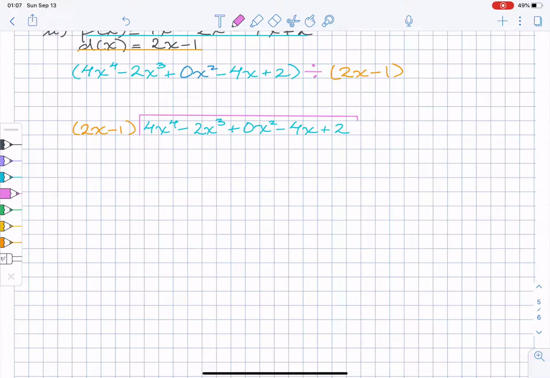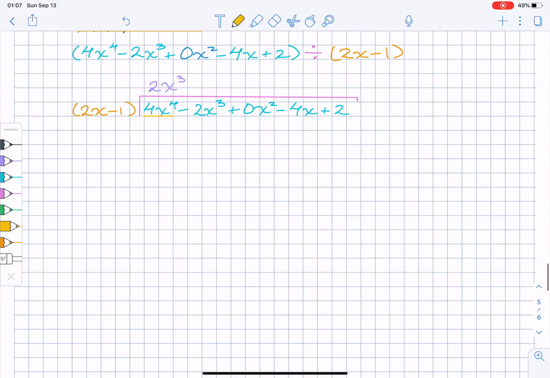Okay, so what do we have? 4x to the 4th. What do I need to multiply 2x by to get that? Well, 2 times 2 is 4, and I would need another x cubed to make that work. So I claim the first term of our quotient is 2x cubed, which I'll now multiply by the divisor.